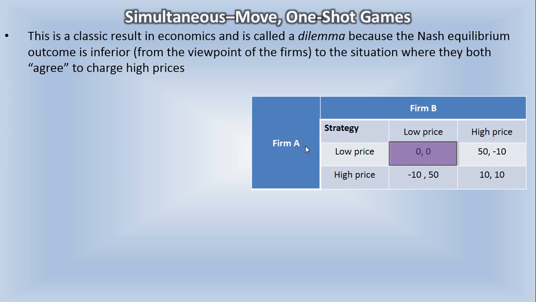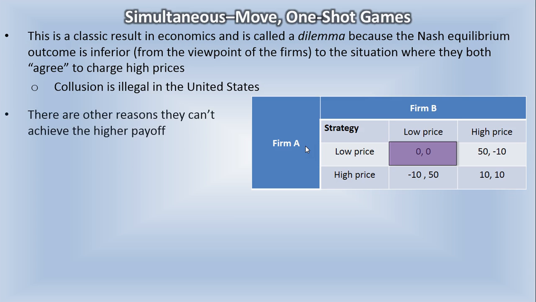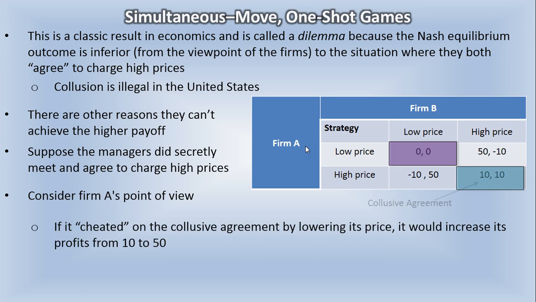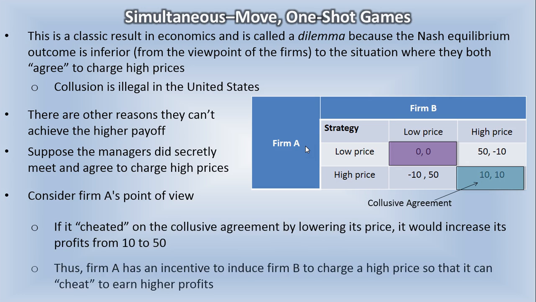All right, so as we know, collusion is illegal in the U.S. As I mentioned, there are other reasons they can't achieve the higher payoff, though. Suppose the managers did secretly meet and agree to charge high prices. From firm A's point of view, if it were to cheat on the collusive agreement by lowering its price, it would increase its profits from 10 to 50.